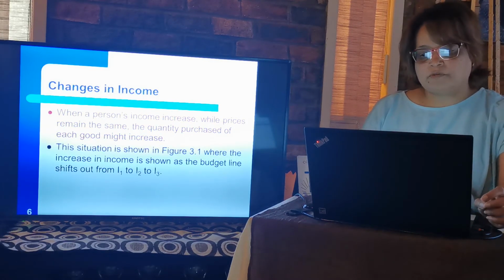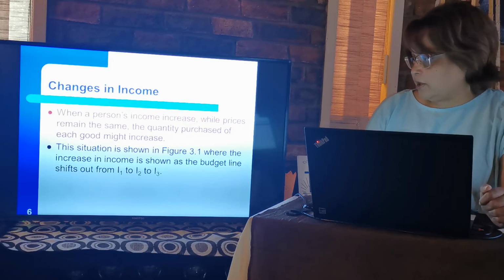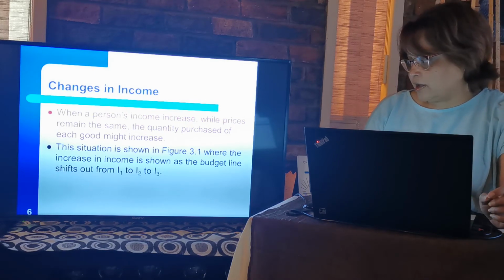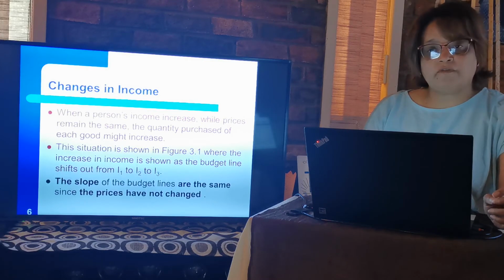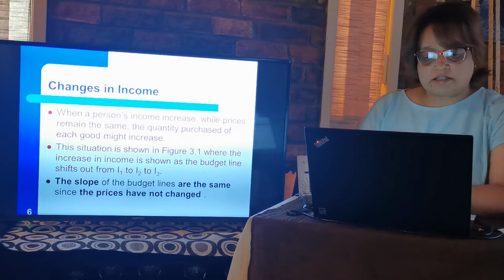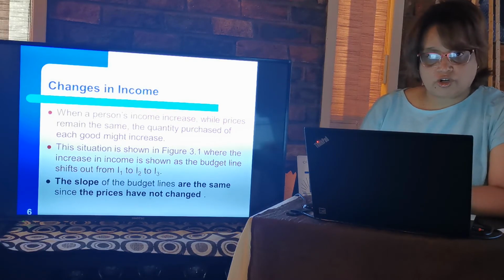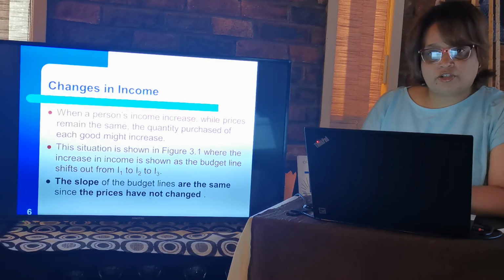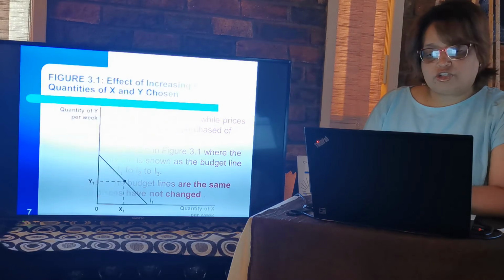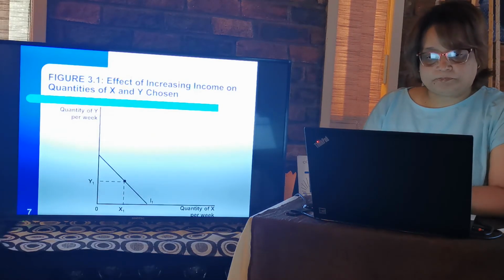The situation is shown in figure 3.1, where the increase of income is shown as the budget line. So we're looking at the budget line, income 1, 2, and 3. The slopes of the budget lines are the same since the prices have not changed. So we're going to look at the same slope, but because the price didn't change, we will look at the change of the budget line.